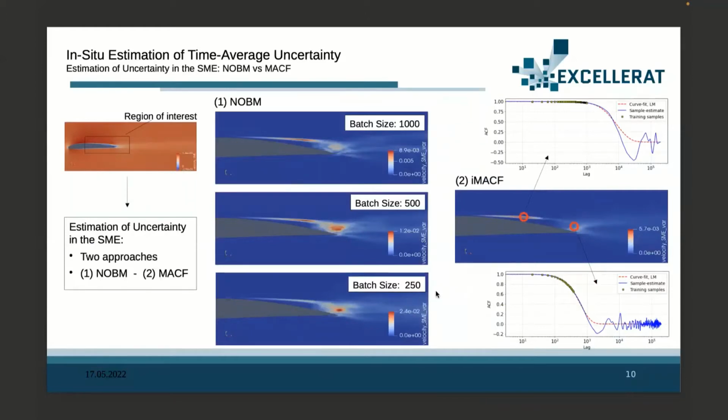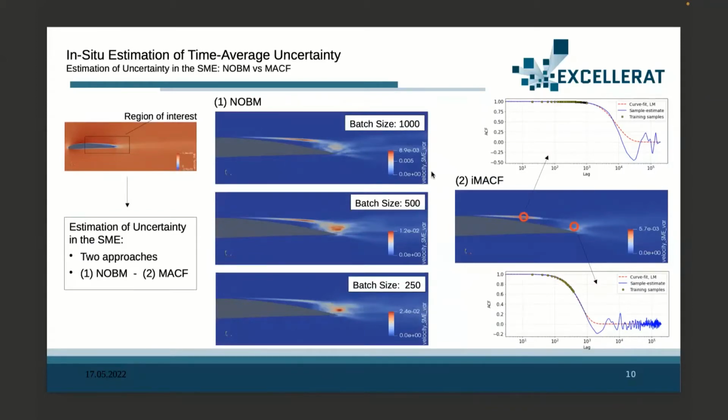Right, so just a quick overview of that. We compared the existing batch-based methods on the left side and our IMCF approach on the right-hand side. And what clearly can be seen is that these batch-based methods depend a lot on the batch size. And actually, this batch size is not known a priori.